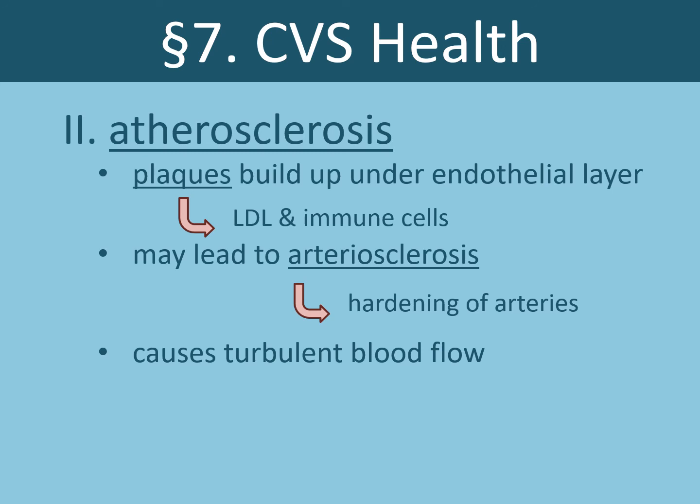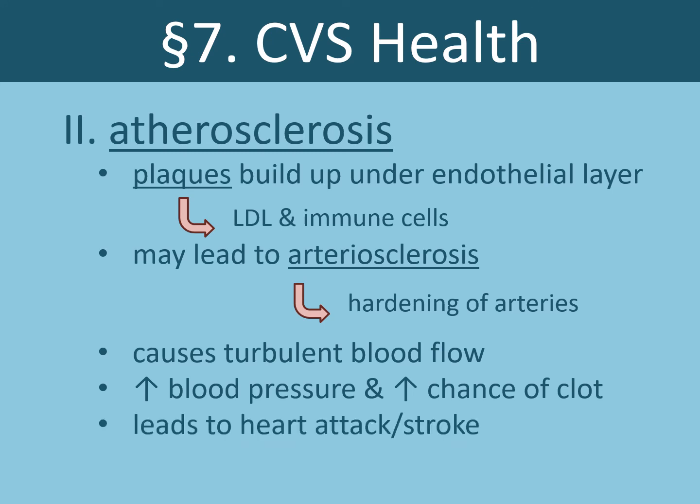This buildup of plaques under the endothelial layer can lead to a bulging of the blood vessel. This bulge will push into the lumen of a blood vessel and cause turbulent flow of blood. Turbulent flow of blood increases the likelihood of a blood clot forming. It also increases the blood pressure as the heart has to work harder to push blood through the narrowed vessel wall.